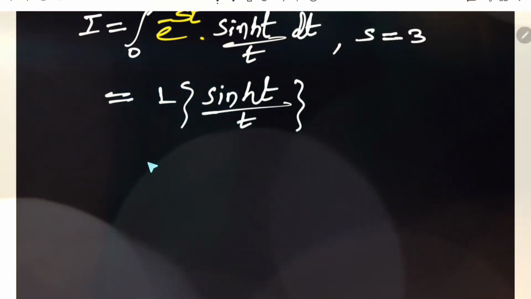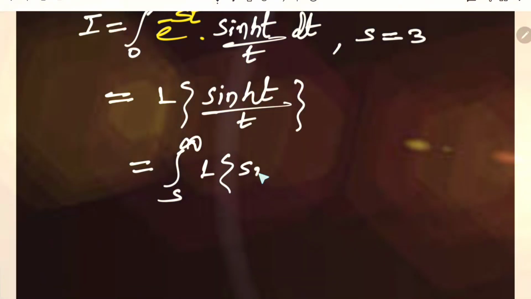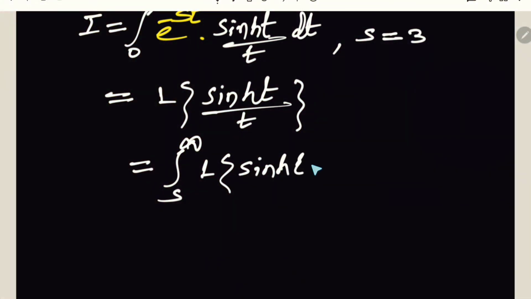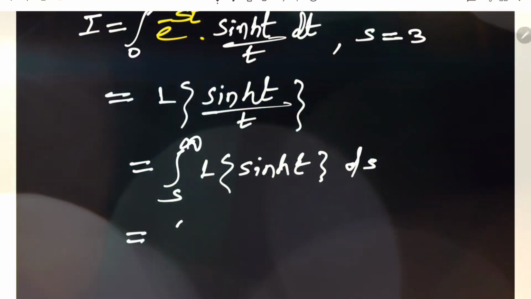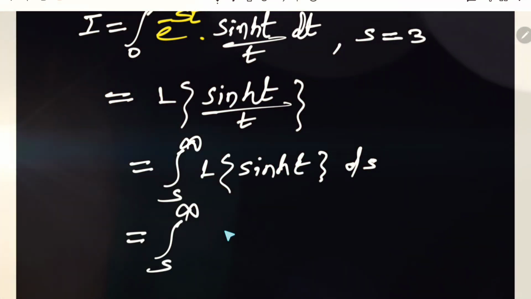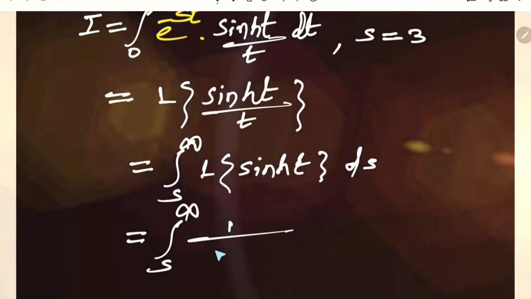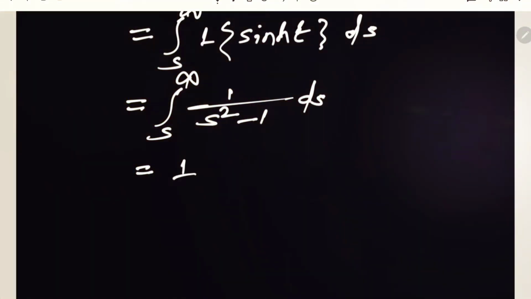And to find its Laplace, we take the help of the division by t theorem. Therefore, it is integration from s to infinity of f bar of s, where f bar of s means the Laplace of that function sin ht, integration with respect to s. Therefore, s to infinity, Laplace of sin ht, standard result 1 upon s square minus 1, and its integration with respect to s.